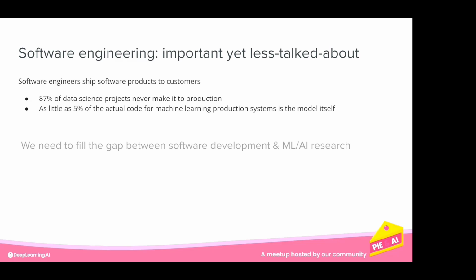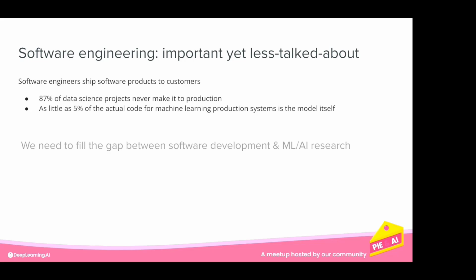As a software engineer, our job is to deliver products to end users. But based on statistics, only 1 of 10 data science projects actually makes it to production. Even with those projects that made it to production, only 5% of them were actual machine learning model code.